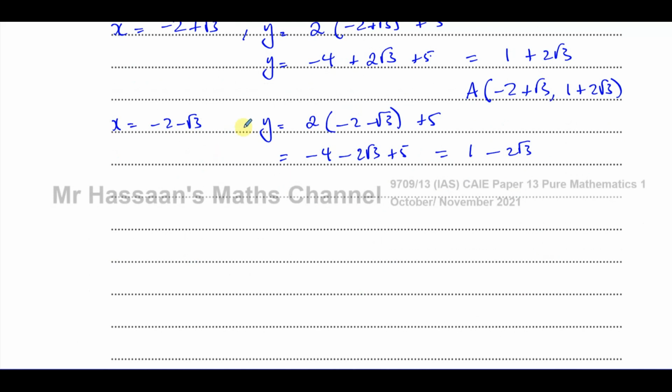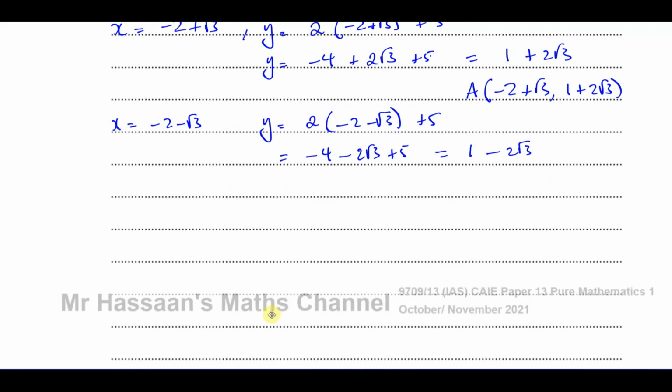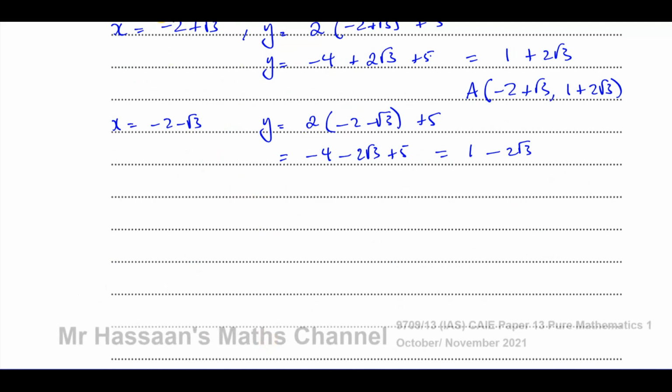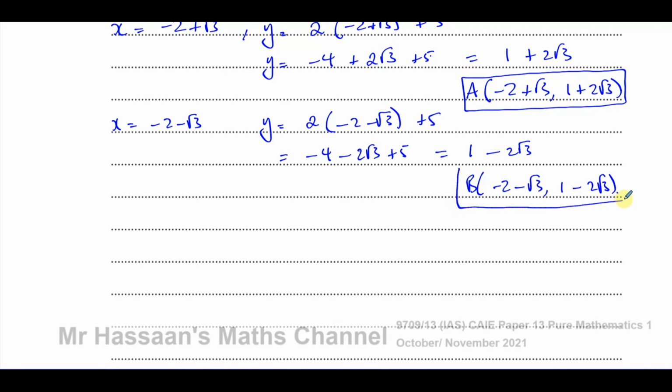So then we have our other coordinate, let's call it B: the x coordinate being minus 2 minus root 3, and the y coordinate being 1 minus 2 root 3. So those are the points at which the circle and the line meet.